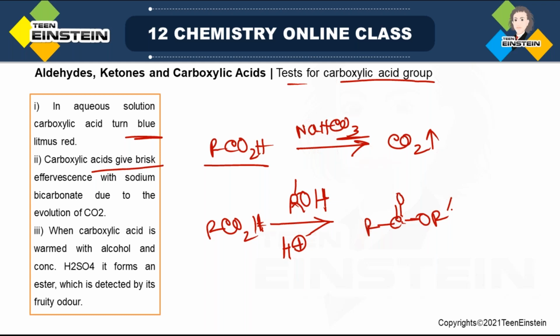After formation of this in the test tube, if you smell it and get some specific odor, which is the characteristic odor of an ester, then it is another evidence that the unknown sample contains RCO2H.